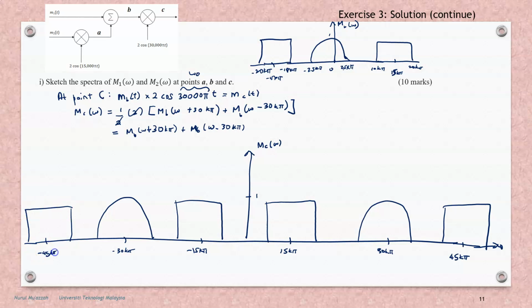Basically, because in the previous spectrum you have shown all the values for the signal, for the final answer, even if you show only the value of the origin of the signal here, I can accept. So you don't have to label the frequency of each signal's start and end.